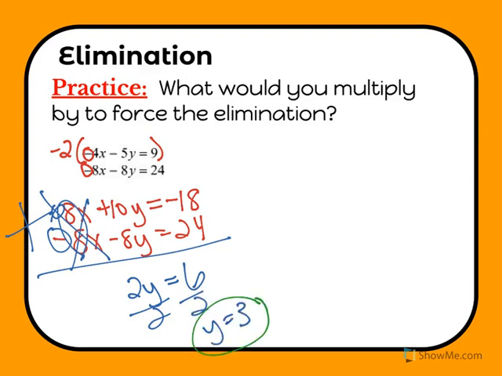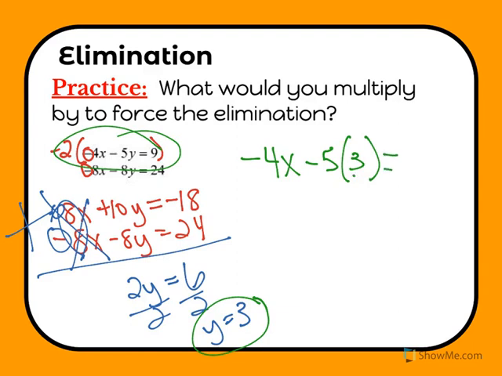So now we have y, because we eliminated our x's, so we need to put that back in for y. Be careful. And let's just use this first one again. So negative 4x minus 5 times 3, because remember we found y, so we got to put it in for y, not for x, equals 9.